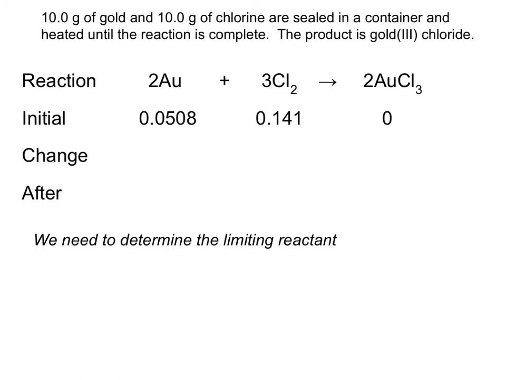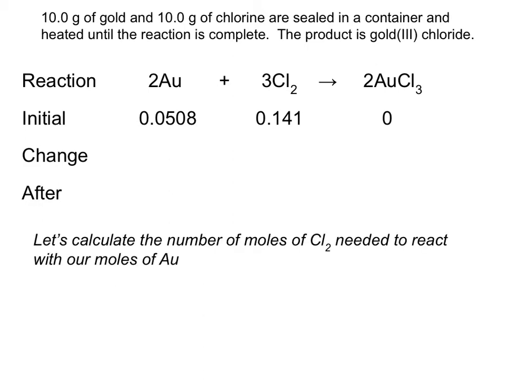And so now we have our initial amounts of all of our reactants. Our next step is to determine our limiting reactant. To do this, what we want to do is choose one of the reactants and figure out how much of the other we need based on the starting amount of the one that we choose. And so for this example, let's go ahead and calculate the number of moles of Cl2 that we're going to need to react with all of the moles of gold that we have present.